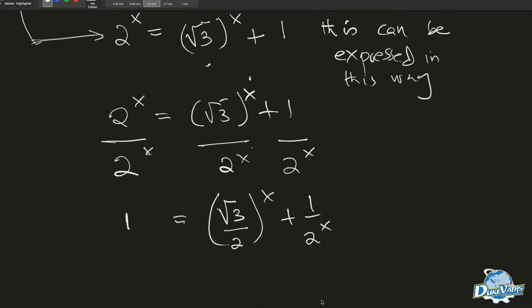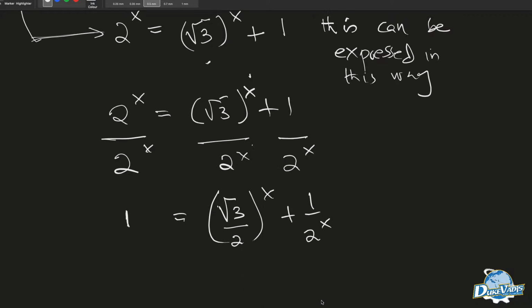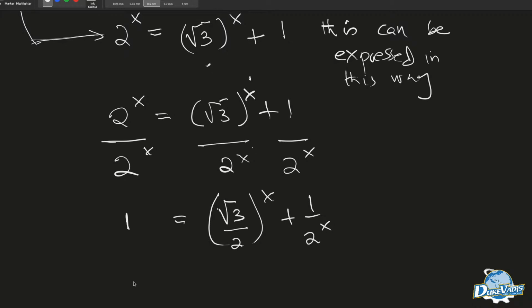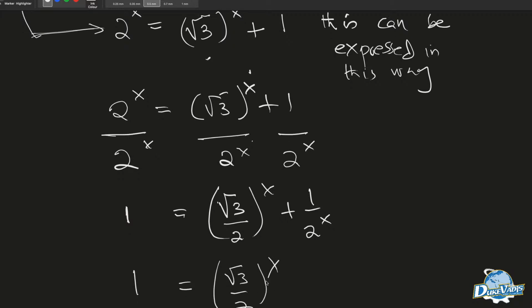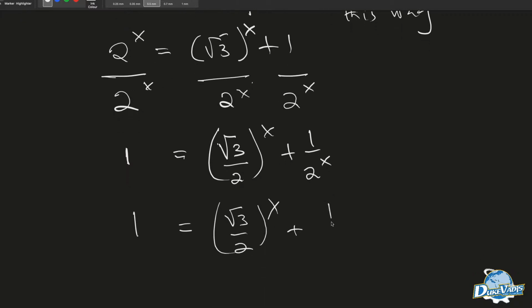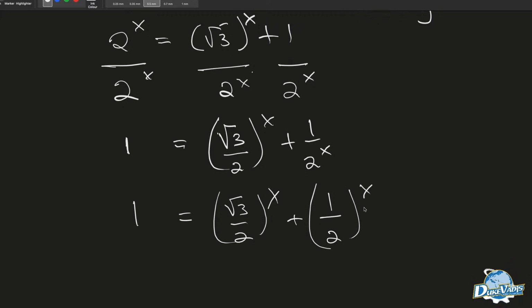As you can see, what comes into your mind? We can further write this as 1 equals (root 3 over 2) all raised to the power x plus (1 over 2) raised to the power x. Straight on, when you look at something like that, what comes to mind? You can say that this conforms to Pythagoras theorem.